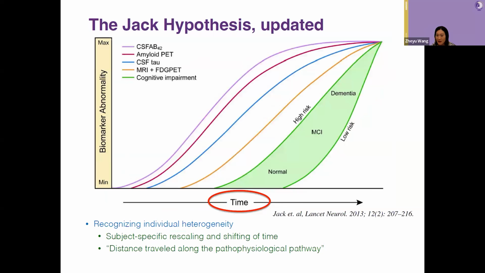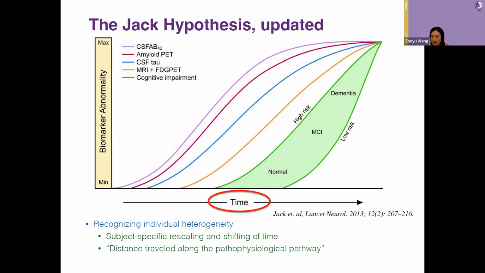Next slide, please. And that prompted the updated Jack hypothesis. He actually changed the original labeling from clinical disease staging to time, but he also emphasized that the time is not necessarily calendar time.